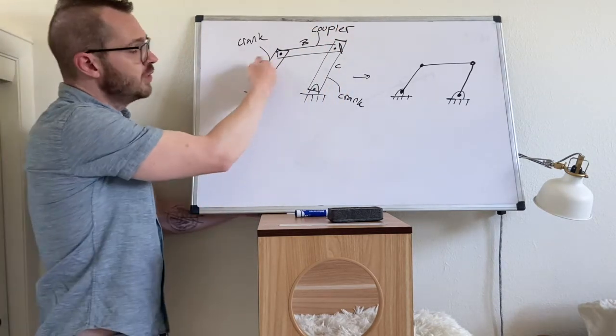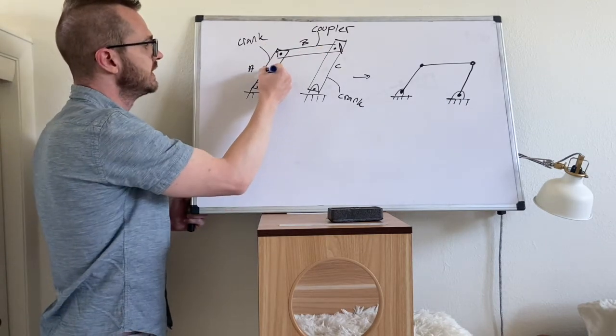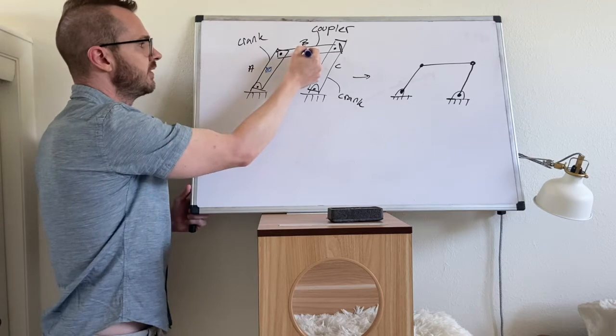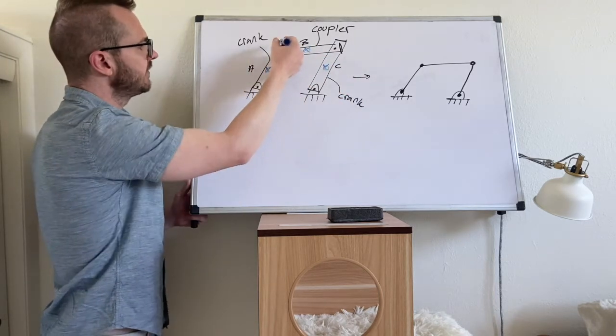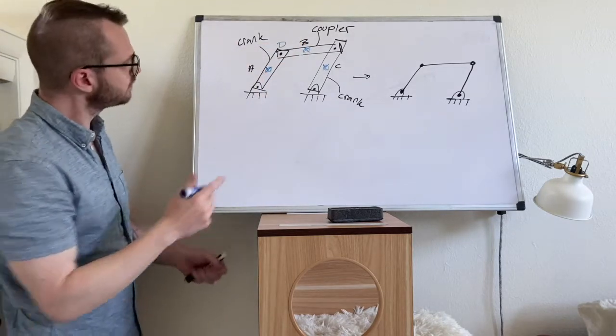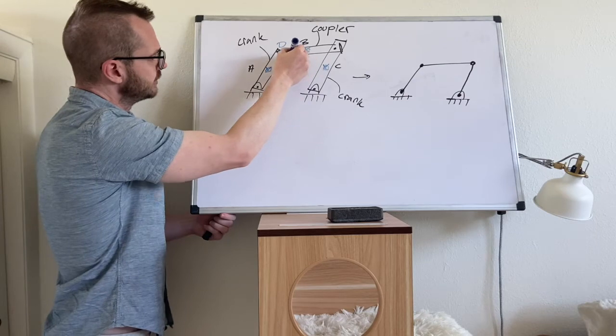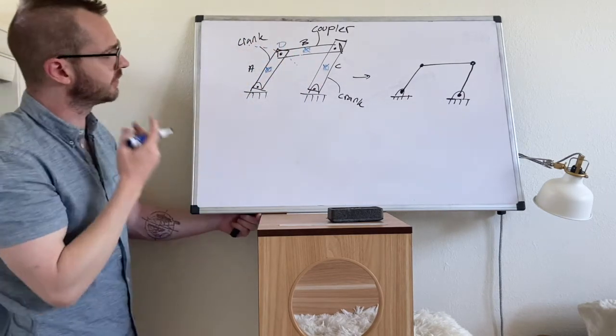Now, if I move A, we know that this point, let's say we call the centers of masses points A, B, C, keep it easy, and let's make this joint point D. Point D is going to follow the path of a circle. As A spins, D is going to move in a circle.